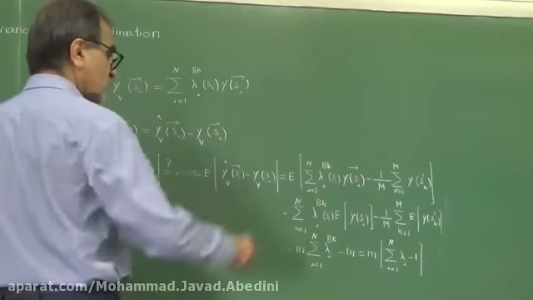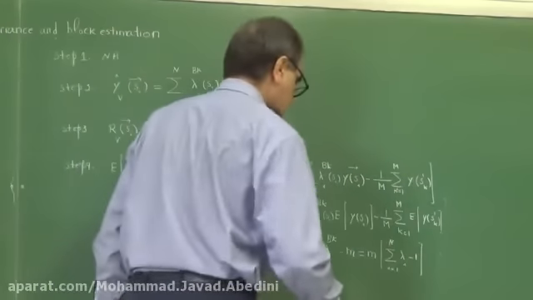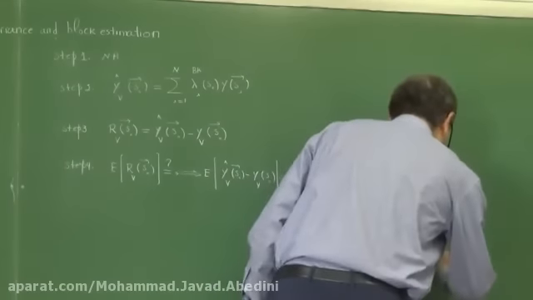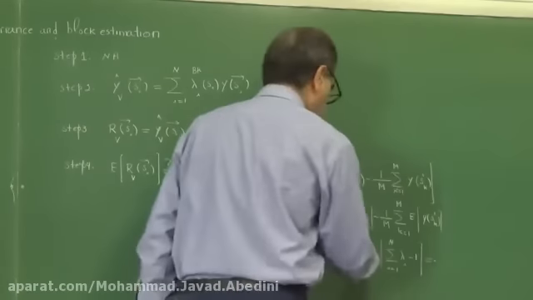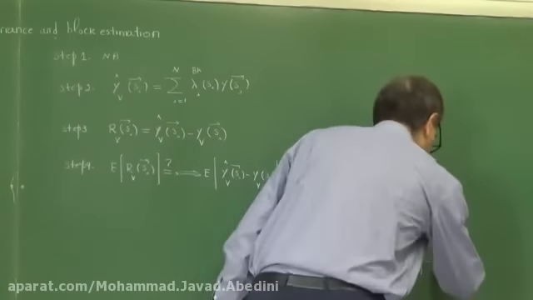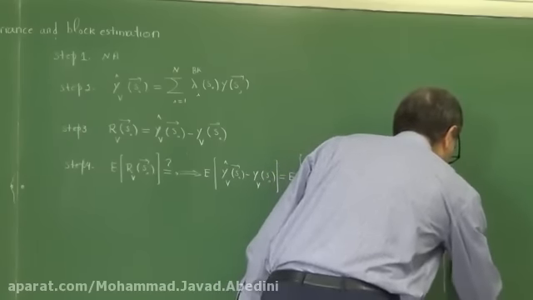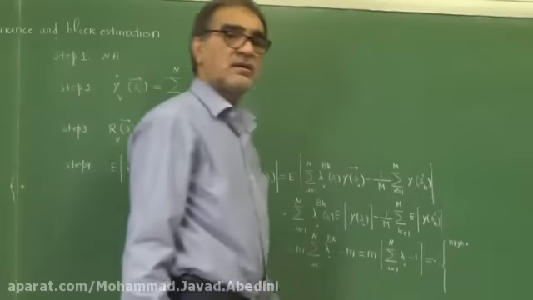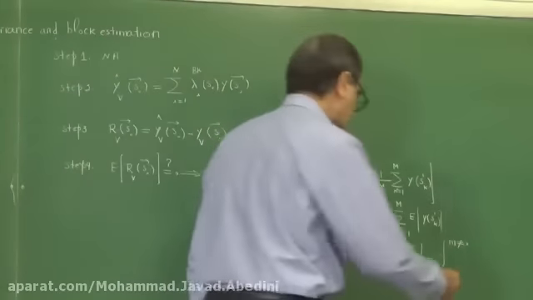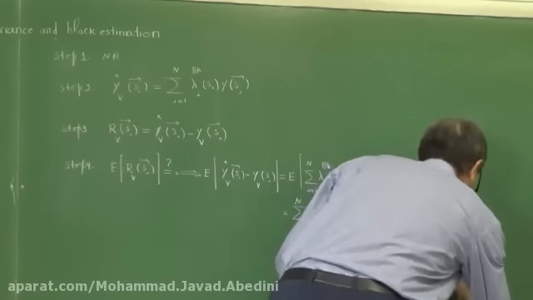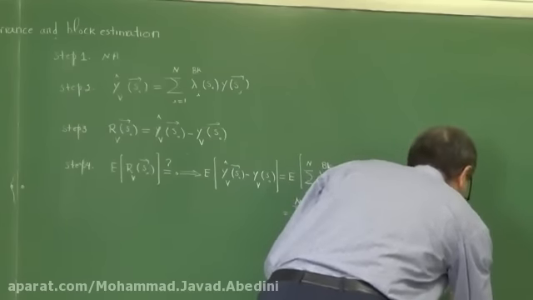For the expected value of residual to be 0, if you put this equal to 0, M cannot be 0 because you have no idea of M. Therefore, this term inside the bracket has to be 0.